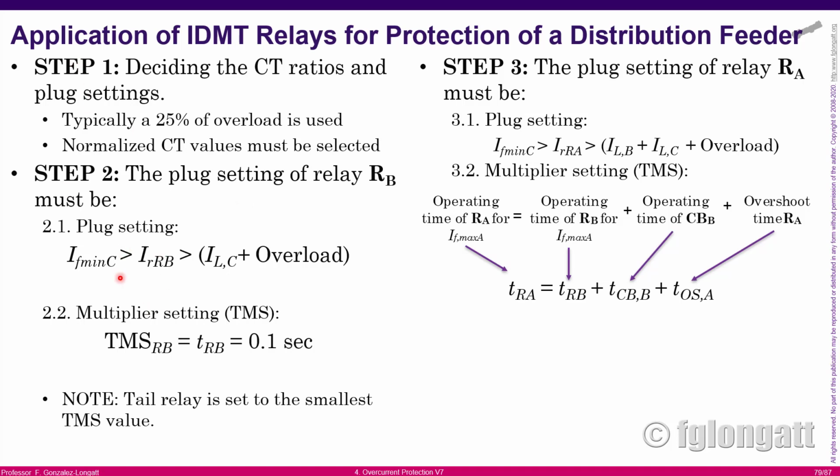The pickup current of relay B is very simple. It is feeding the load C, and we consider some overloads. That means that the pickup current must be at least above the maximum load current, and also the pickup current must be below the minimum short circuit current. Because relay B is the last relay in this feeder, there are no more protections downstream, and as a consequence we can select the fastest operation for this relay.